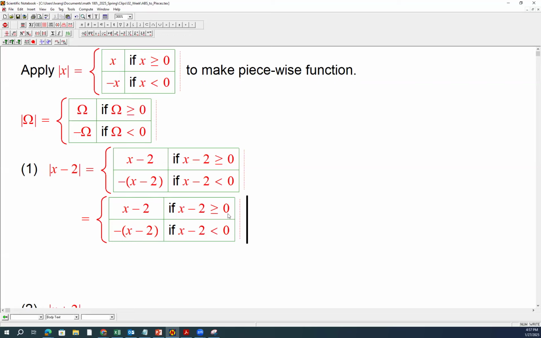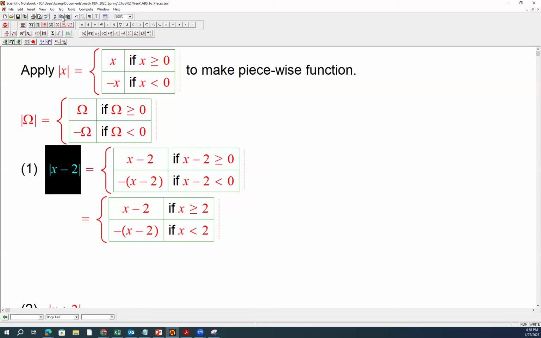The only part left is to solve this inequality. We add 2 on both sides, so we have x greater than or equal to 2. And solve this inequality by adding 2 on both sides, so we have x less than 2.